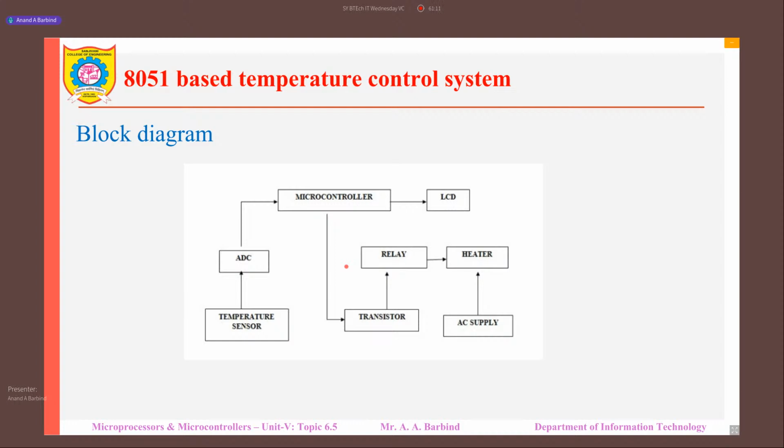Nowadays the applications are coming such that this system can be controlled remotely also. For example, the system we are describing here is a standalone system, that is, the control is with this microcontroller program only.